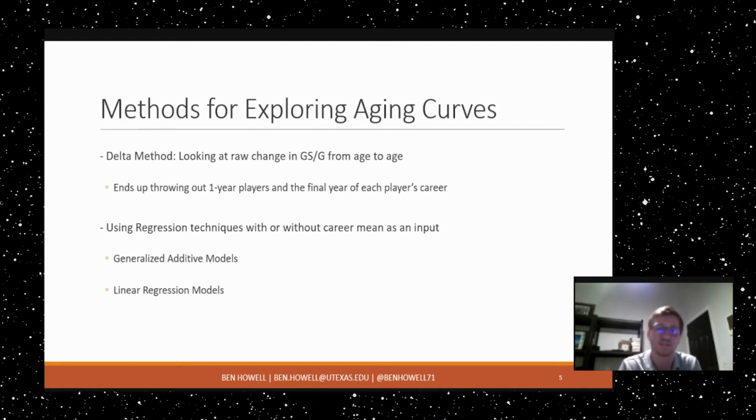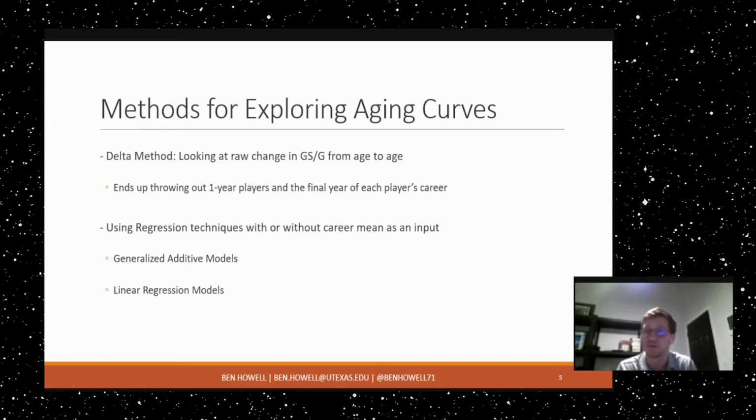One of the issues with the delta method is that it throws out players who only play one season and the final year of every player's career. Now, those are both really important because it's important to know which players don't get a chance to come back and play a second or third season because they intuitively didn't play well enough to warrant that return.